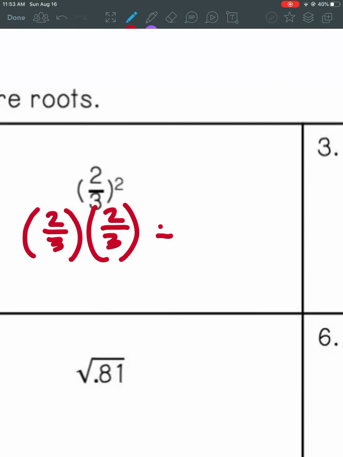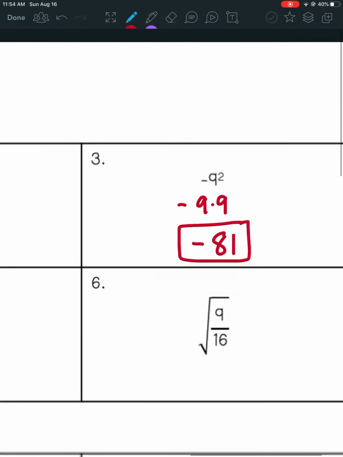When we're squaring a fraction, we can just square both the numerator and denominator separately, and that's our solution. Okay, here's that example we were talking about on the last page. So this is 9 times 9, since that exponent is touching just the 9, and then the negative is out front of it. So a negative times a positive, we're going to get a negative. 9 times 9 is 81.